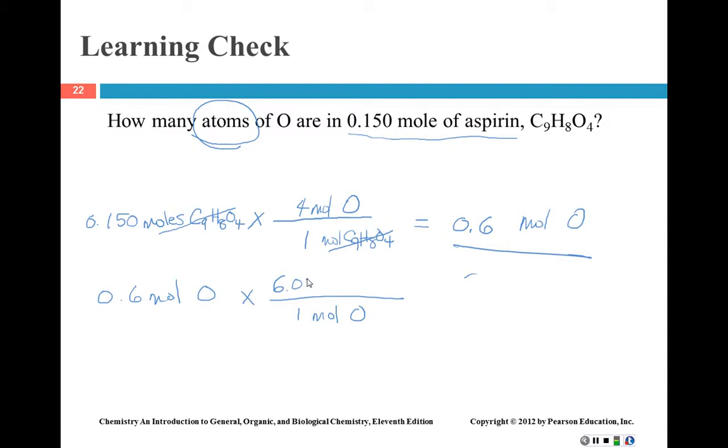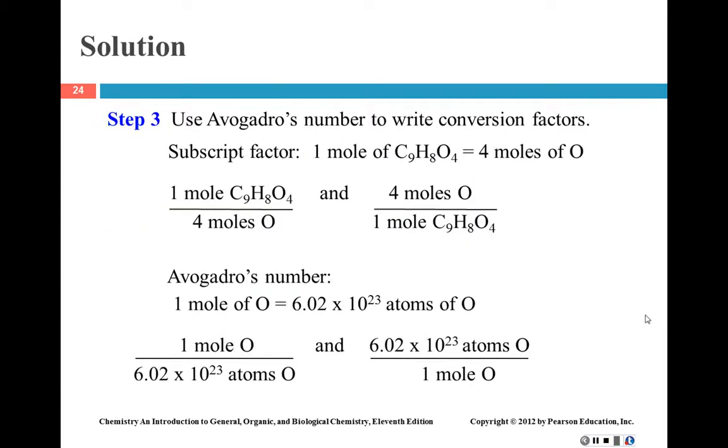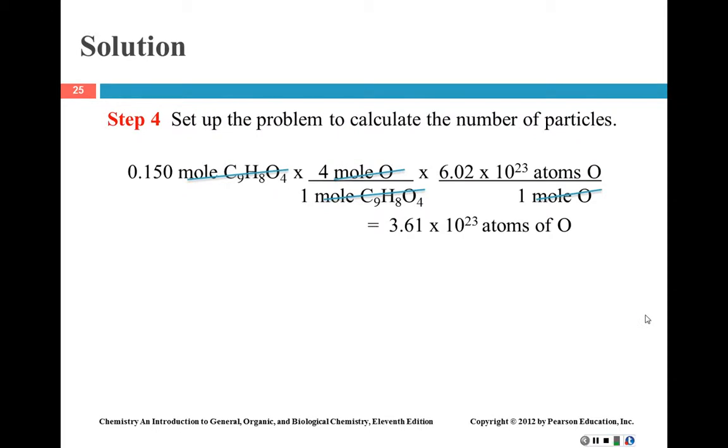I know that Avogadro's is 6.02 times 10 to the 23rd atoms of oxygen, and then I cancel moles, and then 0.6 times 6.02 times 10 to the 23rd should give me, if I did that correctly, 3.61 times 10 to the 23rd oxygen atoms. All right, let's see if we did it right. Yep, we did.